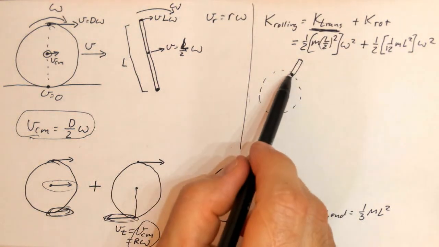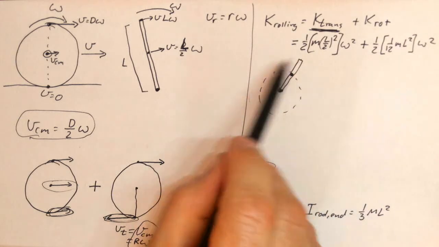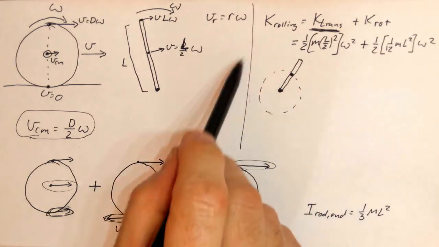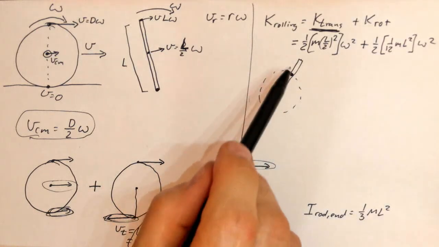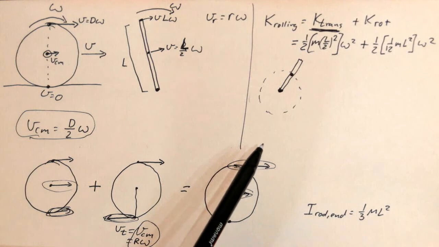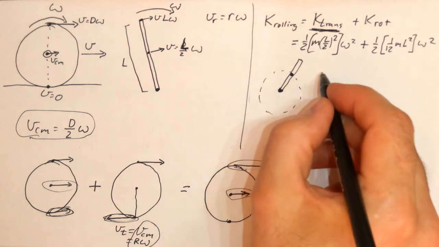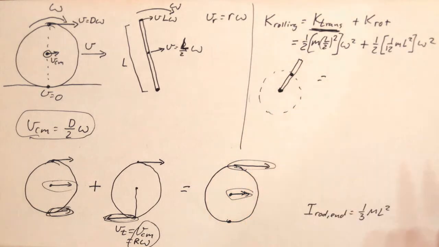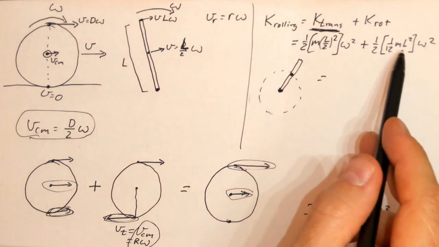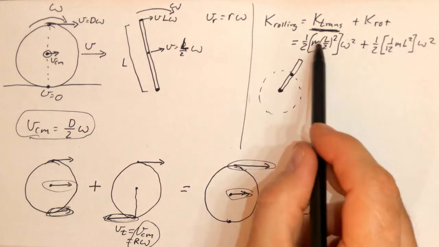In this case, the center of mass is moving in a circle, but the whole thing is spinning about that center of mass at the same rate at which the center spins. So center of mass motion, and then rotation about the center of mass. Okay, so I've got this, right? And then if you collect all your terms here, you can see that we have some L's squared, we have omega squared, some M's.